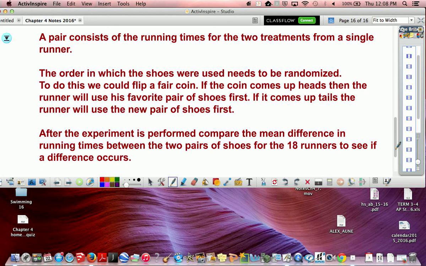Match pairs designs definitely get used in the business world. A company that I can probably think does it quite a bit is either Duracell or Energizer, when they're trying to develop a new type of battery. What they'll do is they'll take their old batteries and compare their new batteries in a toy.